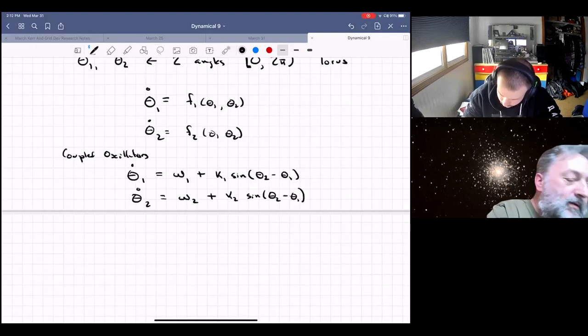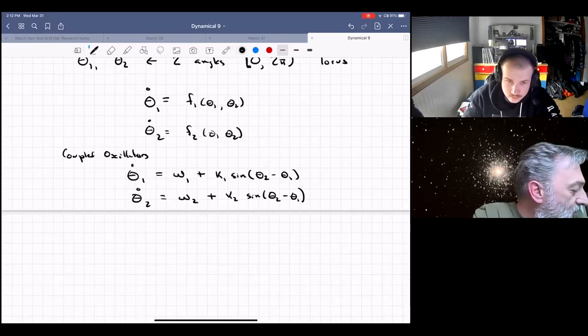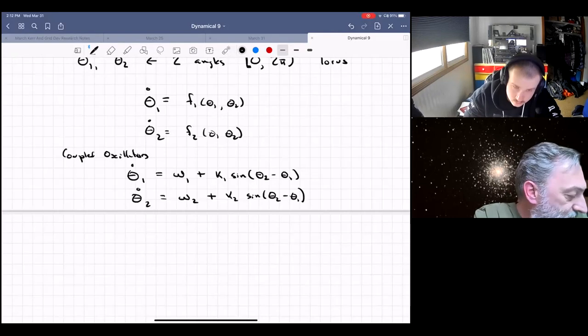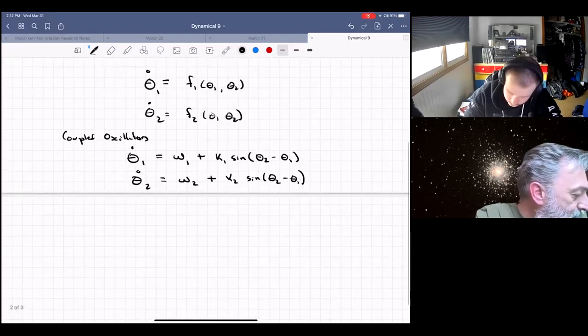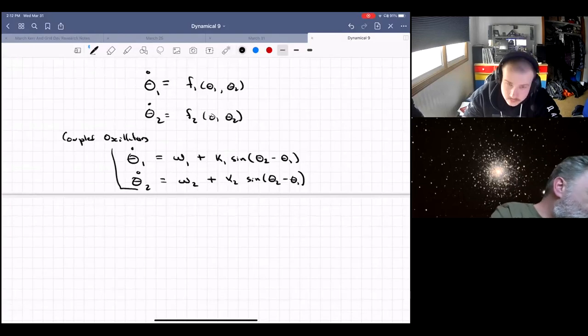And this differential equation will wind you around on the torus. So this is an interesting one to play with.